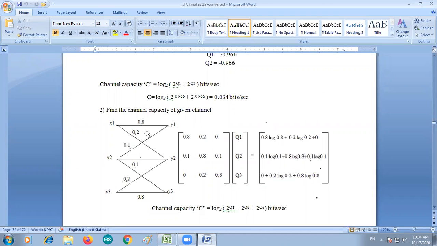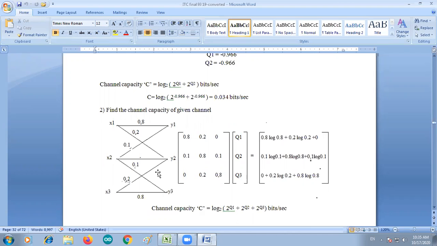In the parallel connection, X1, X2 are the two inputs and Y1, Y2 are the two outputs of one binary symmetric channel. Likewise X2, X3 are the two inputs and Y2, Y3 are the two outputs of the other binary channel. Then calculate the channel matrix.